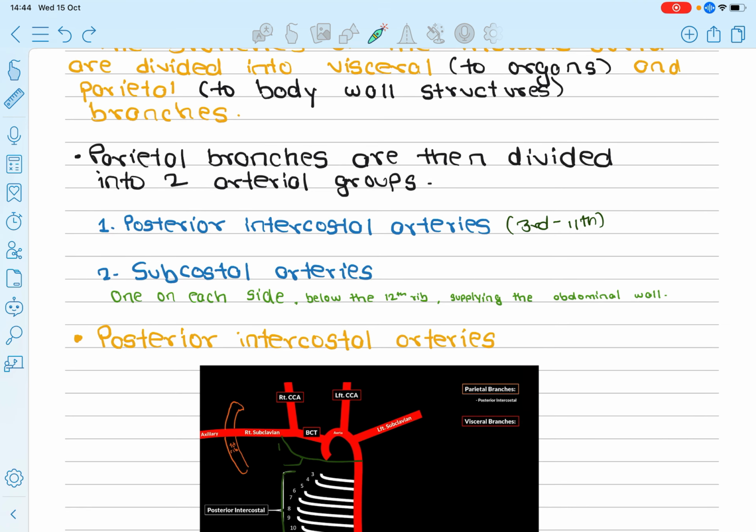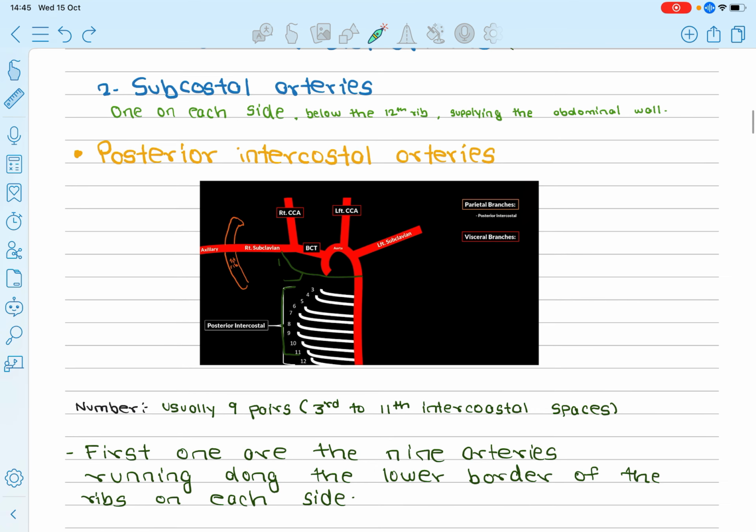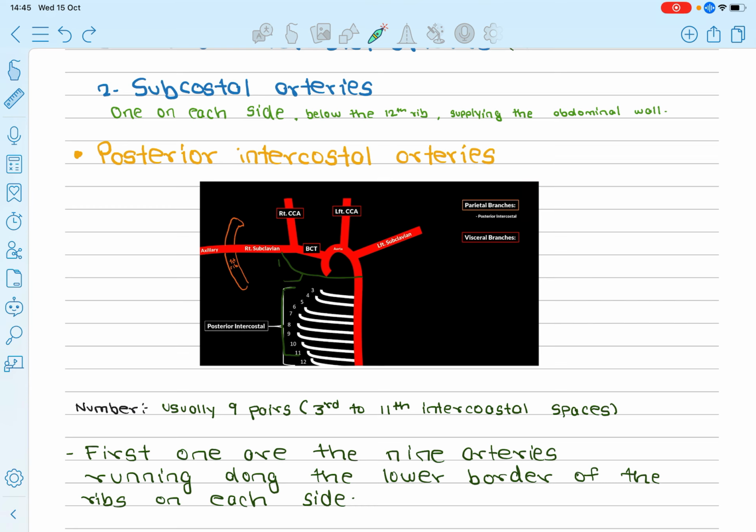So we will discuss the posterior intercostal arteries first. They are usually 9 pairs, from the 3rd to the 11th intercostal spaces. From here, 3, 4, 5, 6, 7 up to 11. On the left side also the same, 3, 4, 5, 6, 7 to 11.